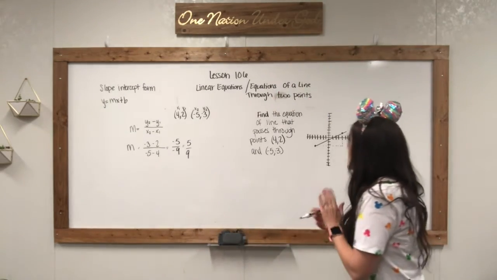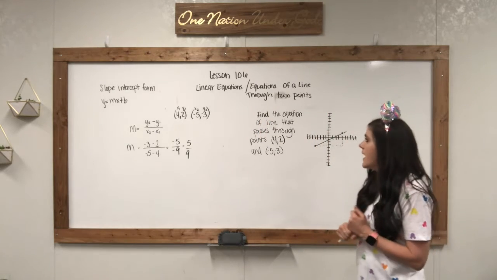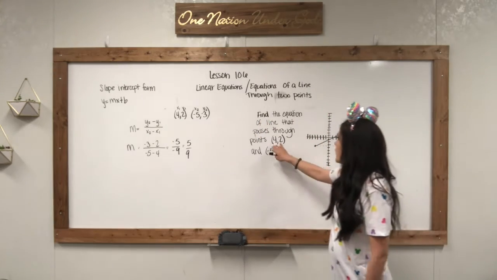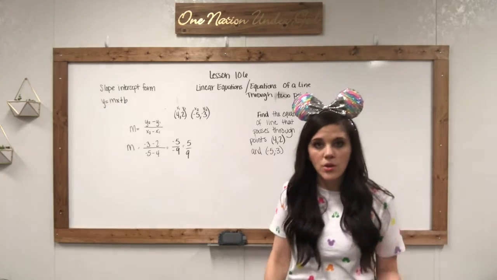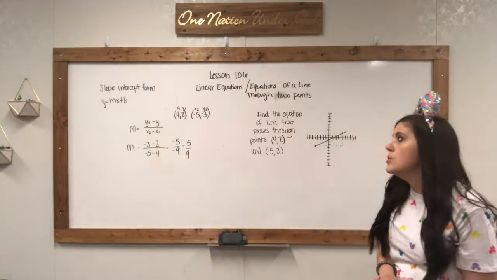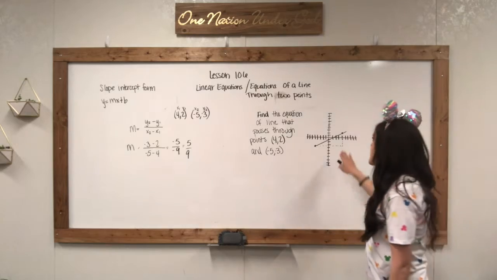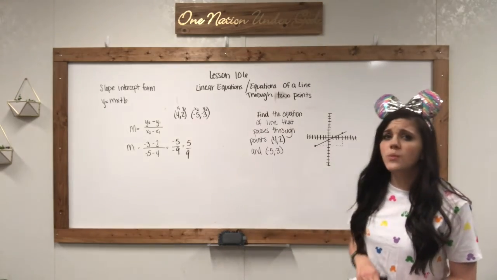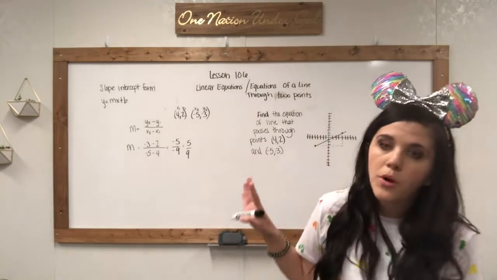So now let's look at, if it says to find the equation of a line that passes through the points (4, 2) and (-5, -3). There's a couple of ways that you could do this. One way would be to plot the points on a graph, which is what I've done here, although this way would be very hard for me to do because I do not have grid lines on this board.